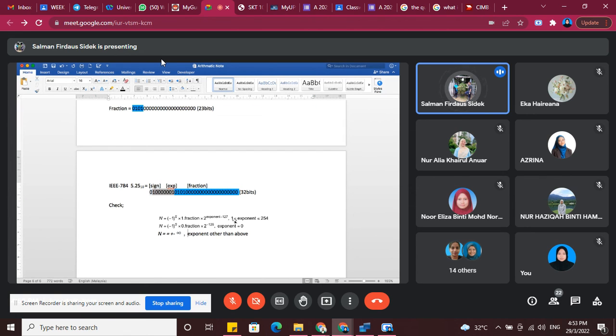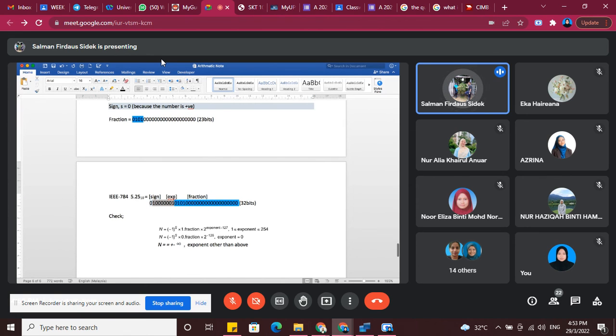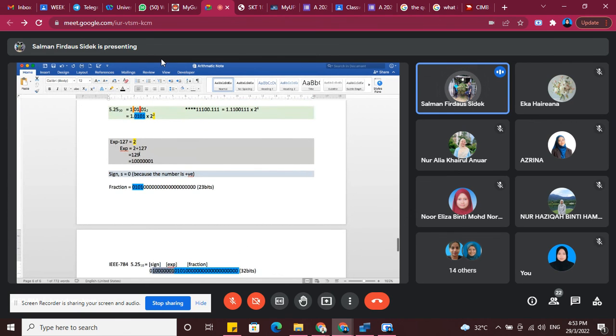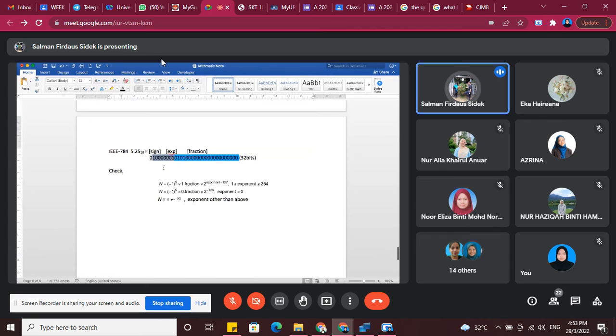Okay, in this case, the exponent is the value in the middle. So in this case, the exponent is 129. Here we already got 129 earlier.